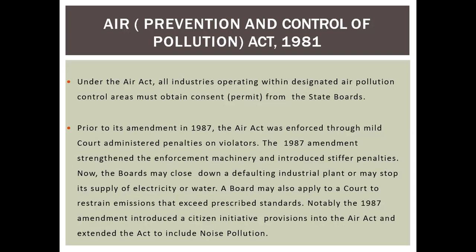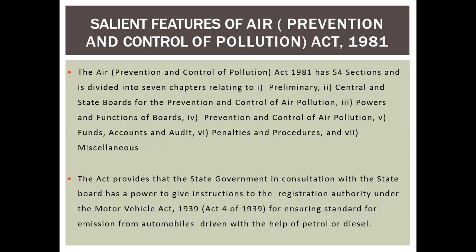A board may also apply to a court to restrain emissions that exceed prescribed standards. Notably, the 1987 amendment introduced citizen suit provisions into the Air Act and extended the Act to include noise pollution.